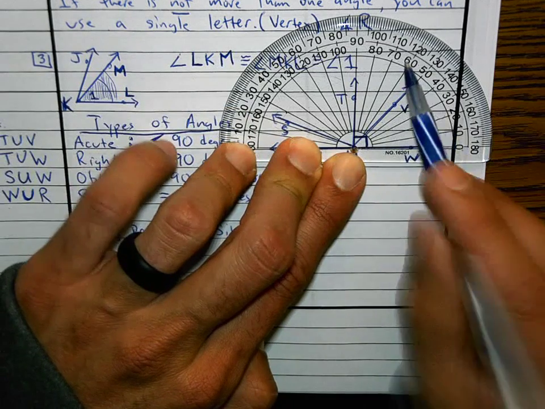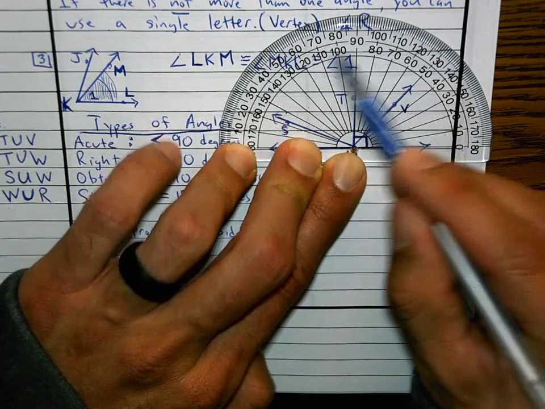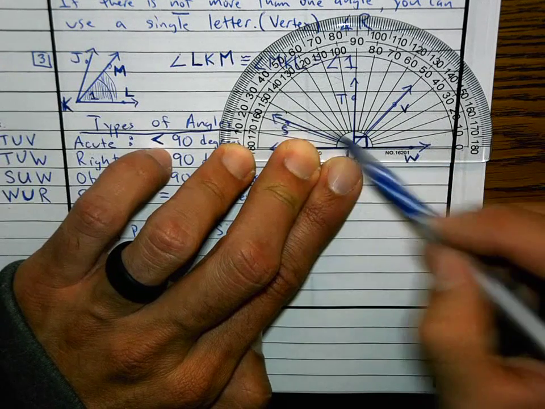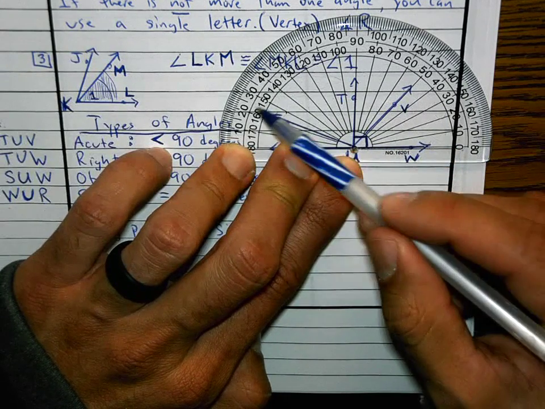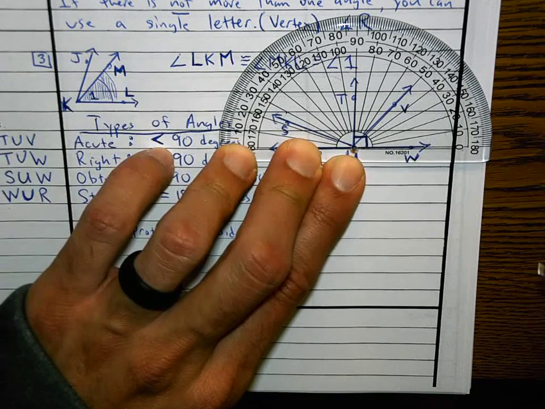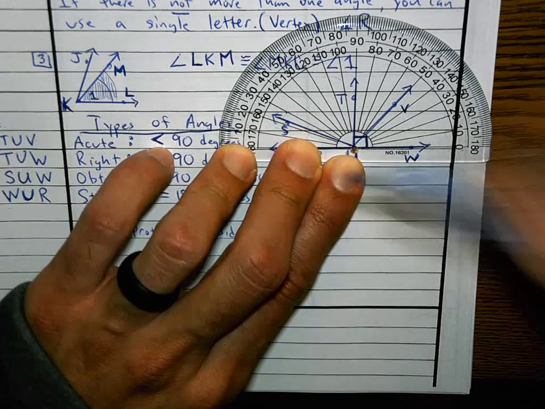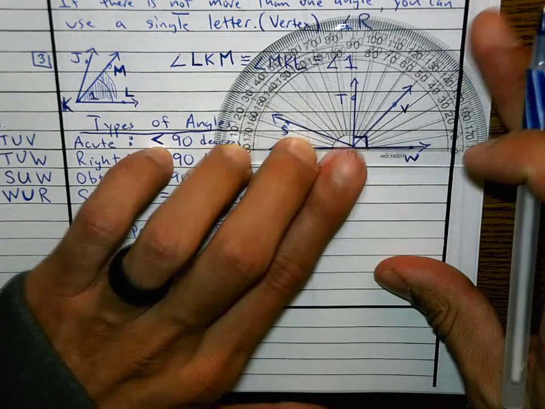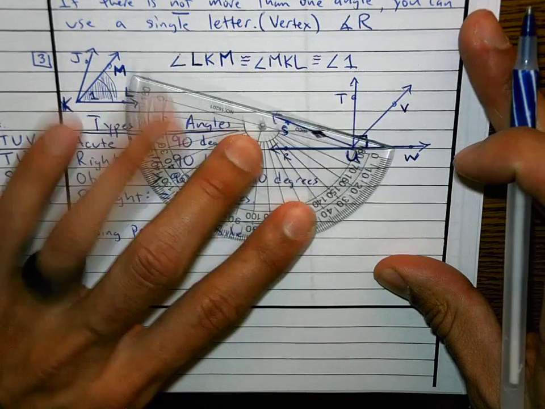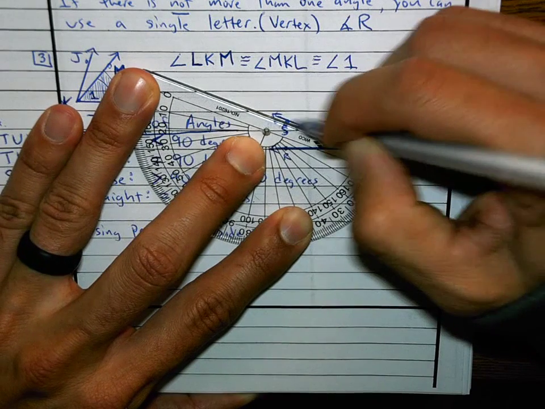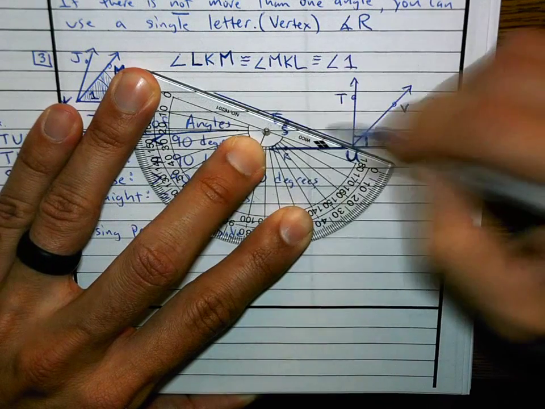I'm using the inside. So now when I get to here, I'm at 150, 155, probably a little bit more than that. It's about 157 degrees. I'm trying to figure out where this line touches. If you want to be accurate, feel free to extend your line. This line here, I'm not changing that angle by making it longer.